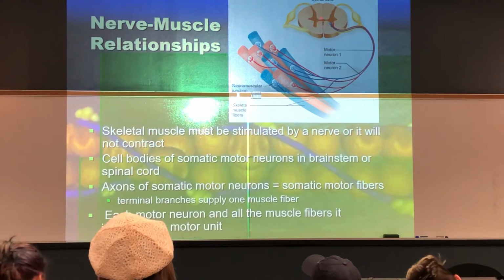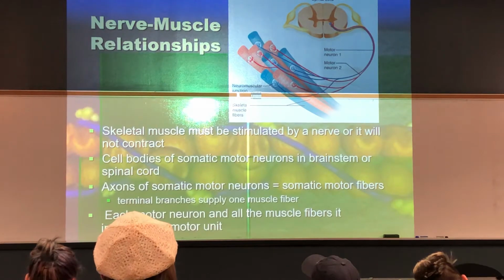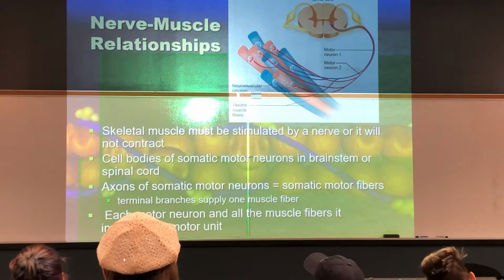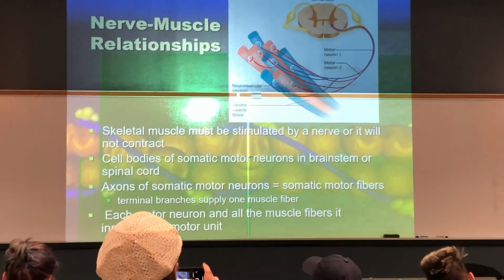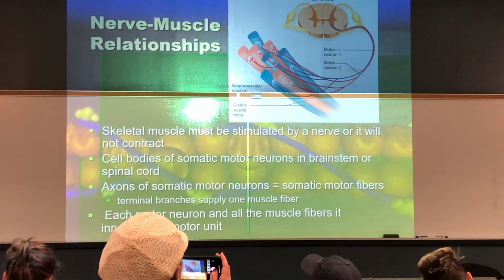So what you see up here on the right is a slice of the spinal cord. And when we think of the spinal cord, we think of a place that allows for information to travel towards the brain and away from the brain. So sometimes people call the spinal cord an information highway. It's going in both directions.